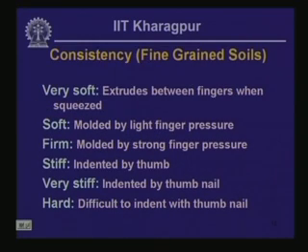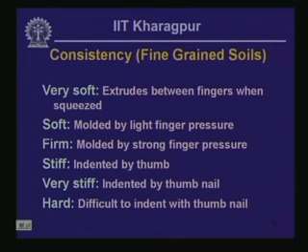Second thing is consistency. Consistency is applicable for fine grained soils such as cohesive silts or clays. These types of soils derive their strength from intergranular electrical bonds. We will see these aspects later on.